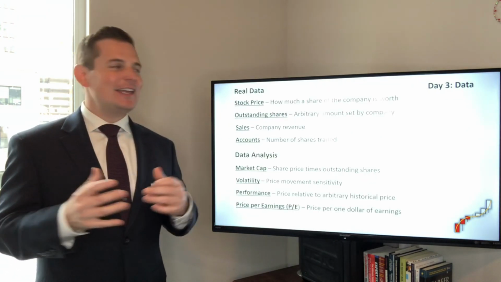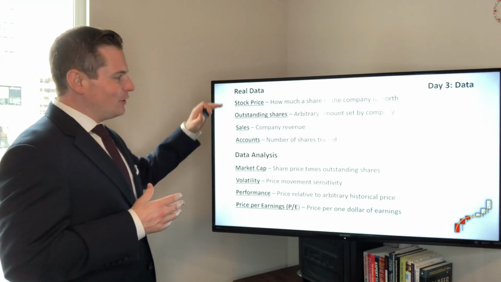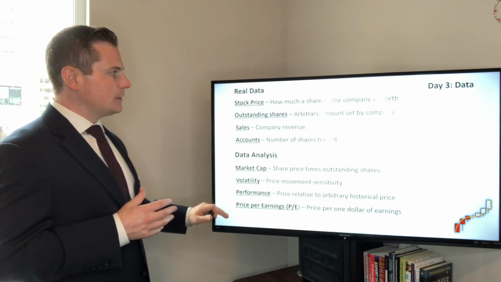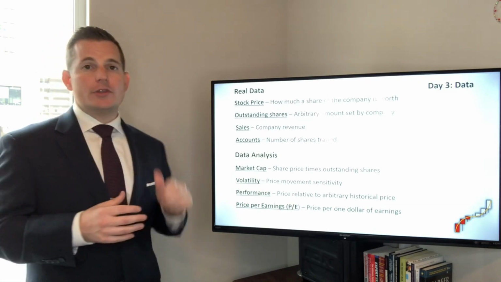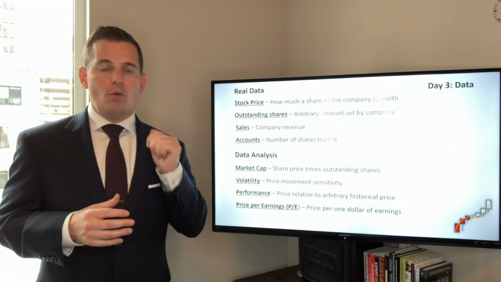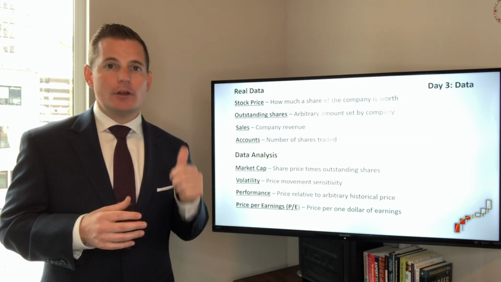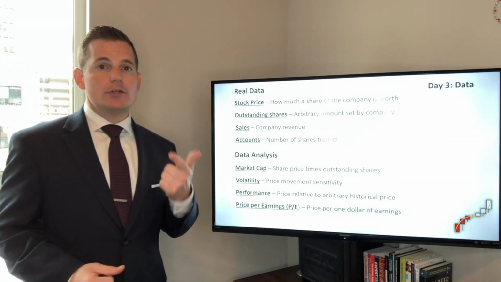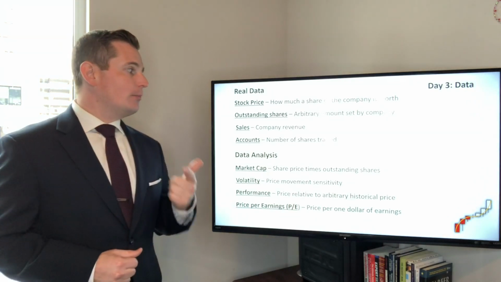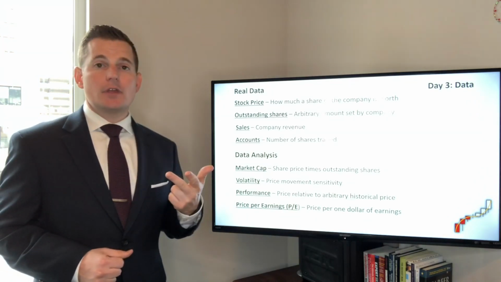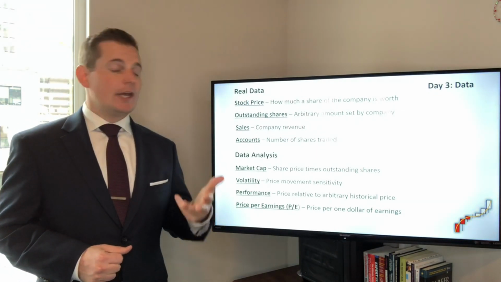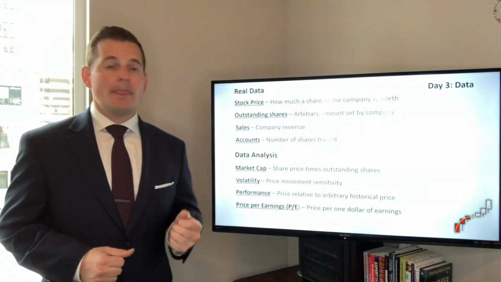And really, here's the real data that you need to know, and here's the data analysis. So for the real data, you want to know the stock price. That's one of the most important features of the real data. And then the outstanding shares is, again, very important. And the sales of the company is important. And the volume traded, which I nicknamed accounts.